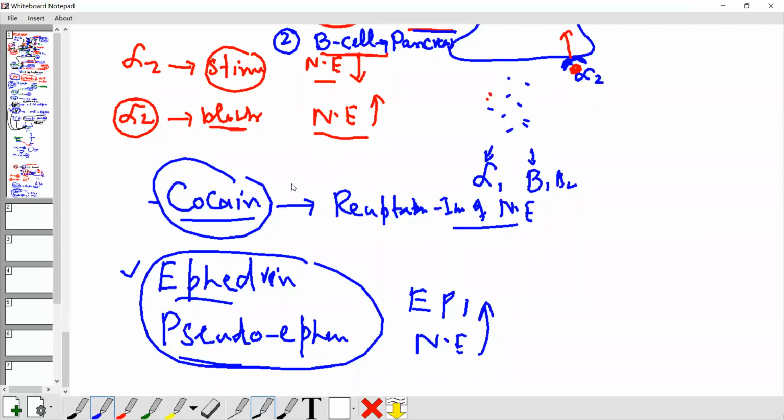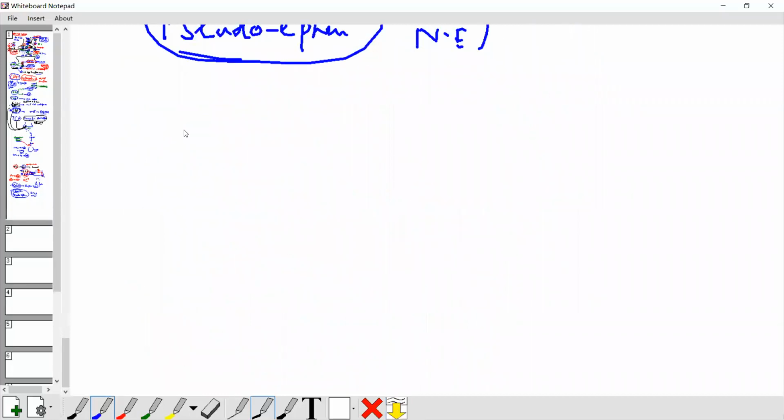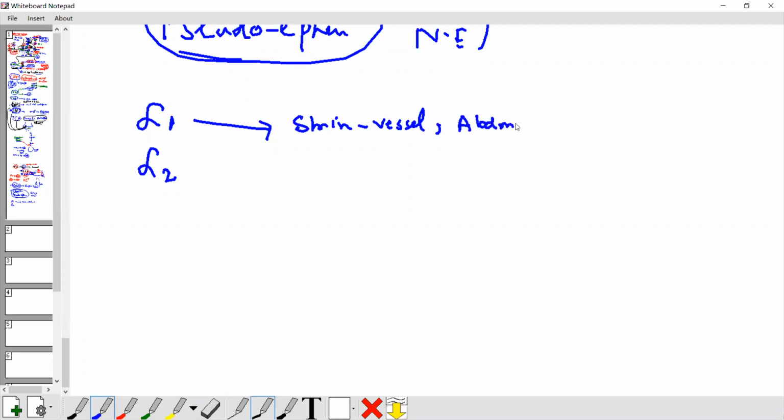Understand? Ephedrine, pseudoephedrine. Now come to the receptors. Alpha 1, alpha 2. What is the location of alpha 1? Alpha 1 is present on skin vessels and abdominal vessels, all GIT vessels.